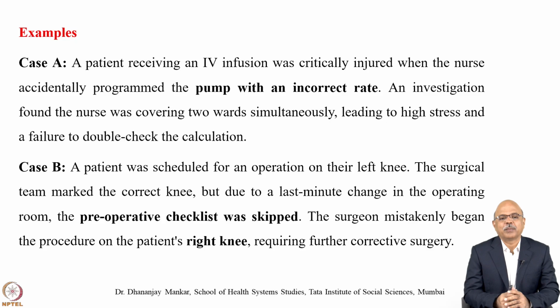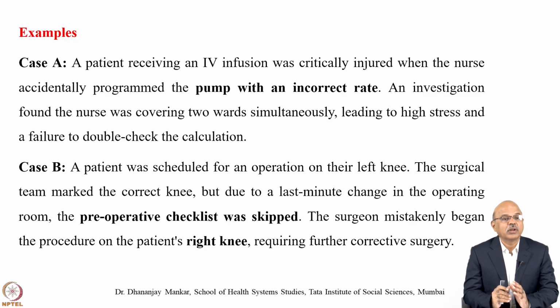Here are a few examples where I want to emphasize how patient safety is compromised. In case 1, a patient receiving an IV infusion was critically injured when the nurse accidentally programmed the pump with an incorrect rate. The rate was either very high or very low.